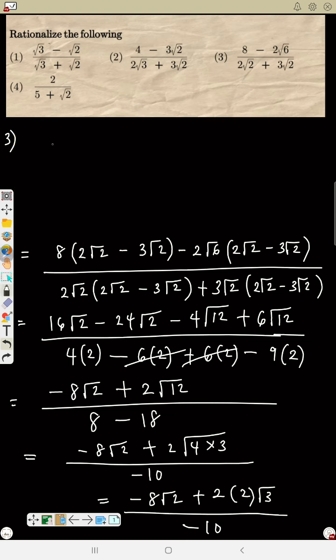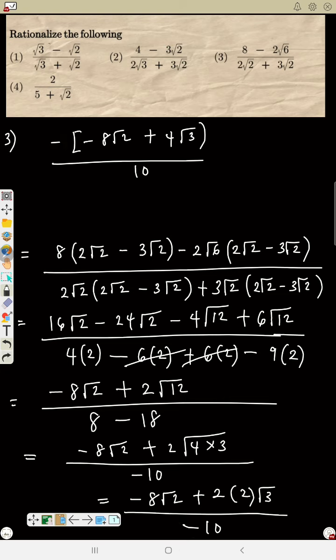So I can have minus 8. We have a double minus here now. So minus 8 root 2 plus 4 root 3 divided by 10. So the minus of this 10 is the one I put here now. Take note.